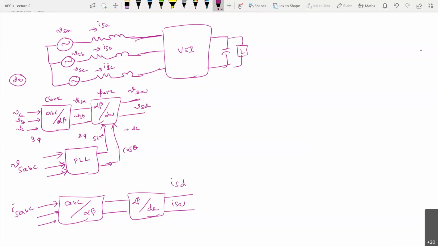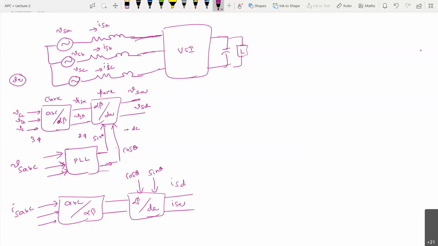These will be the actual source currents, the actual supply currents, in the DQ reference frame. Again, for this conversion you require cos theta and sin theta, the phase displacement information.